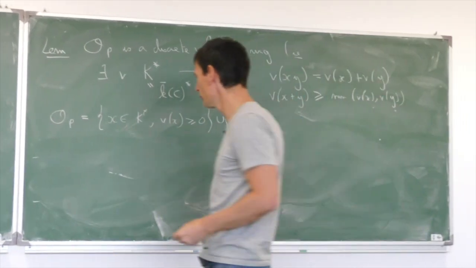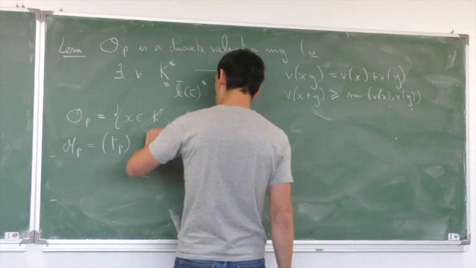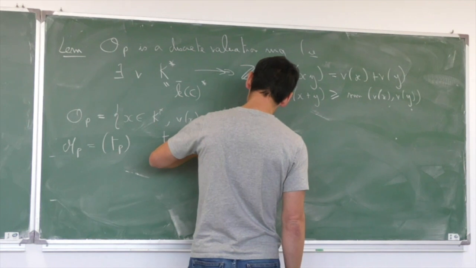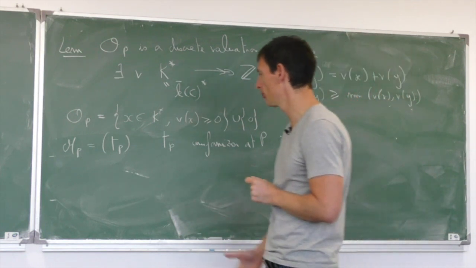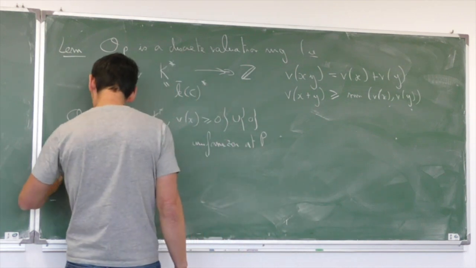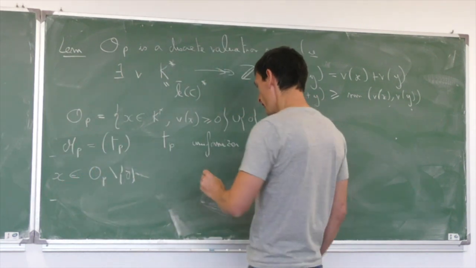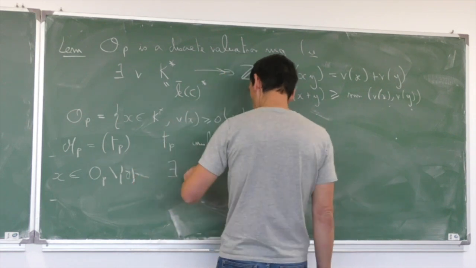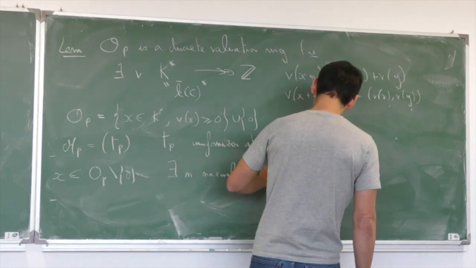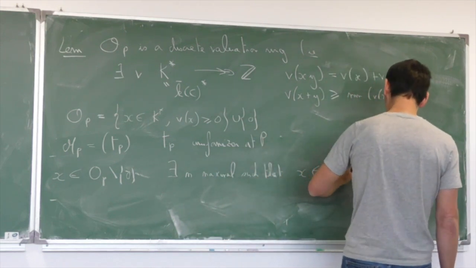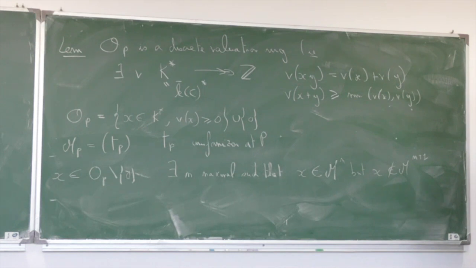So first, what we have proved is that M_P is generated by one element that I'm going to call t_P. And t_P will be a uniformizer at P. And now, because the intersection of all the powers of M_P is trivial, if I take an element x inside O_P which is not 0, there exists n maximal such that x belongs to M^n but x doesn't belong to M^(n+1). And once you have this, you're done.